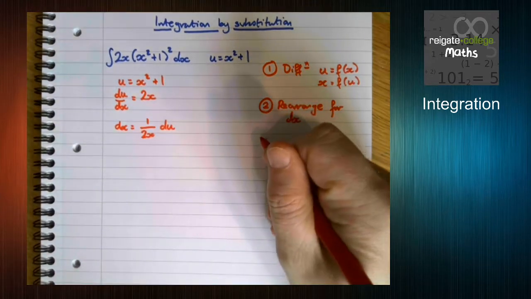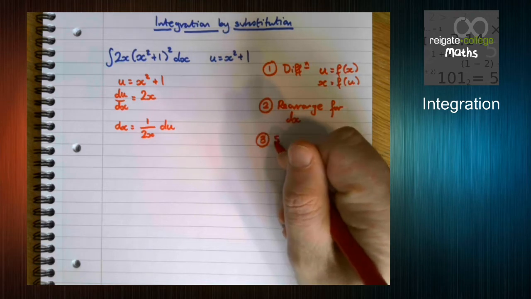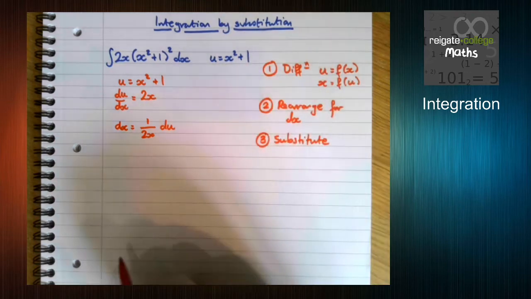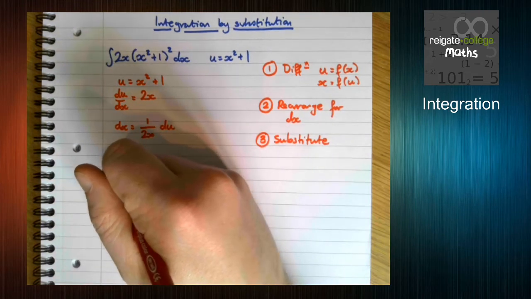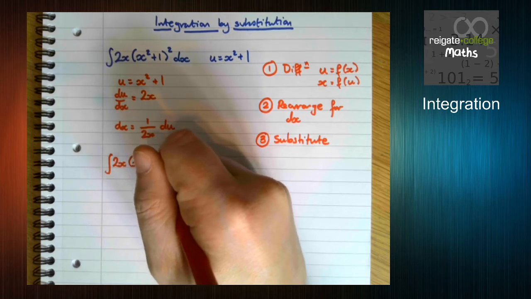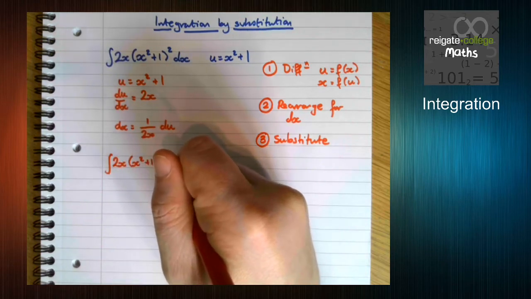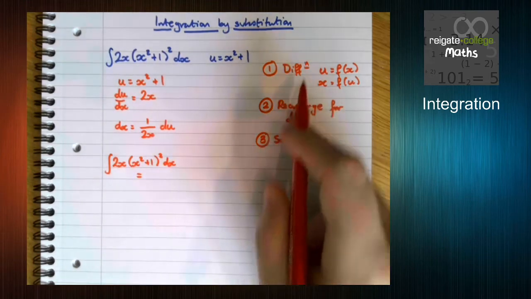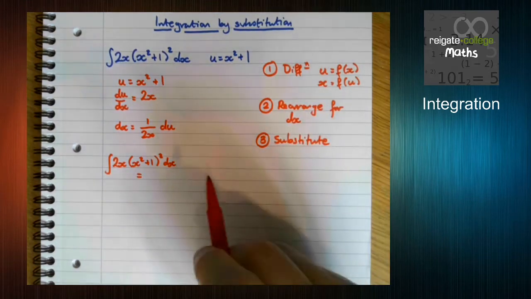So step 3 is substitute. So we know that the integral of 2x, x squared plus 1 squared, is going to be equal to... Now I'm just going to write it on a separate line so it doesn't mess up our checklist.